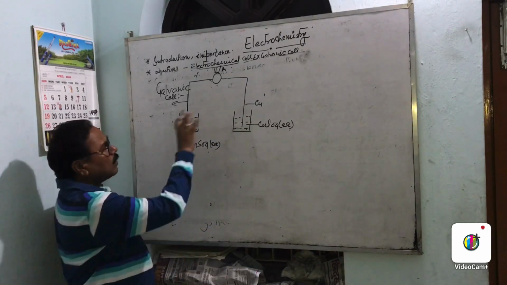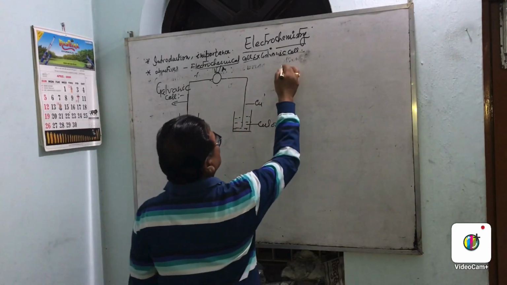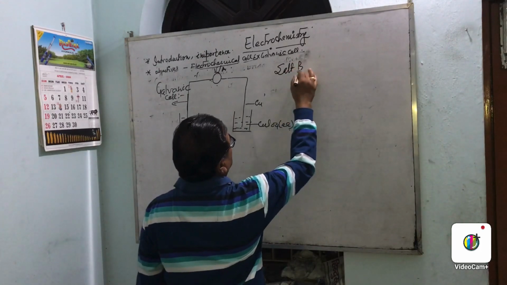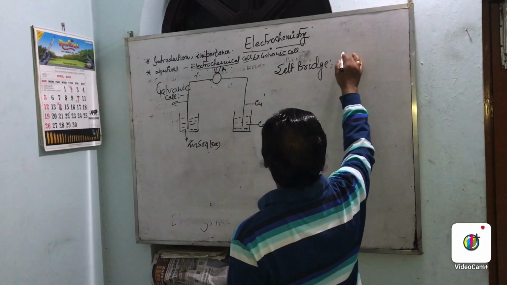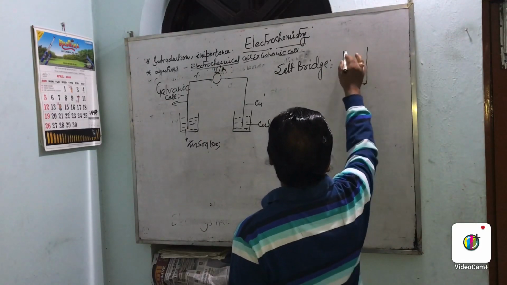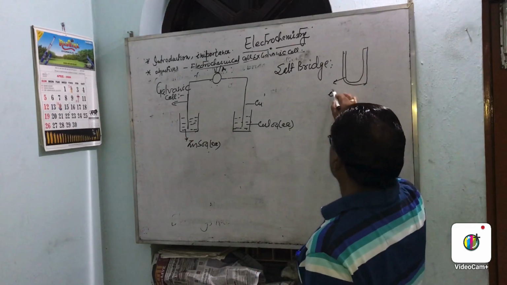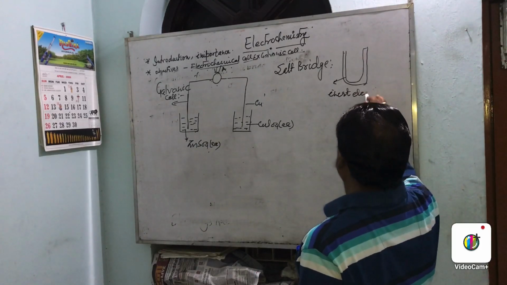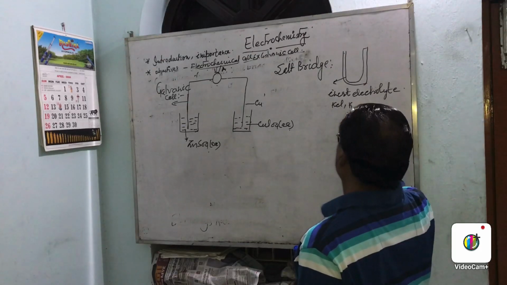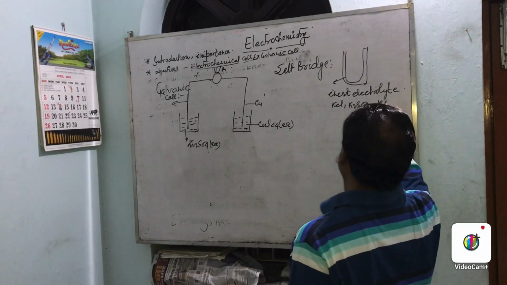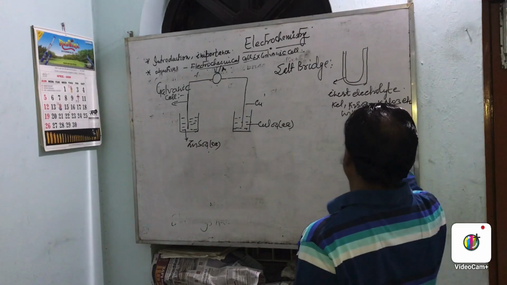Now, in order to connect these two electrolytes, we use a salt bridge. This salt bridge is a U-like tube, and it contains an inert electrolyte, such as KCl, KNO3, K2SO4, etc., with agar.